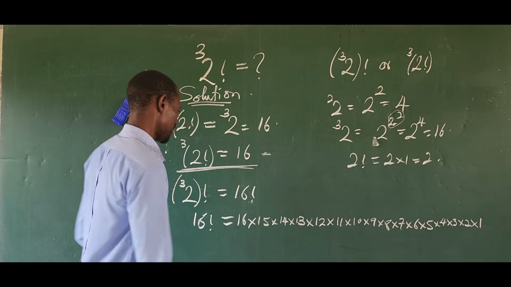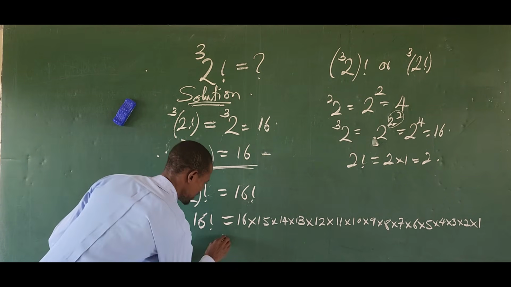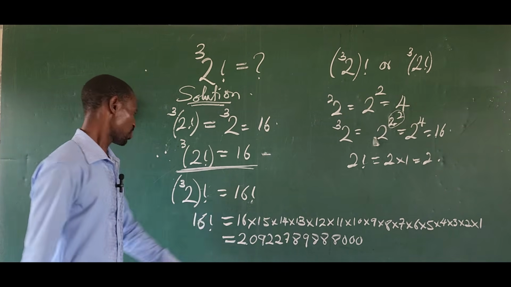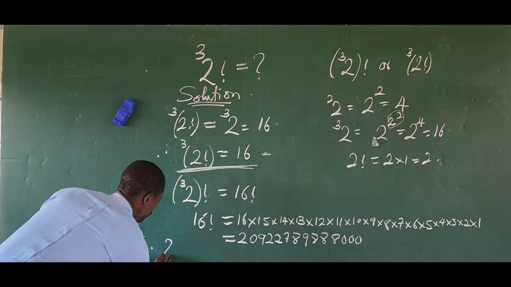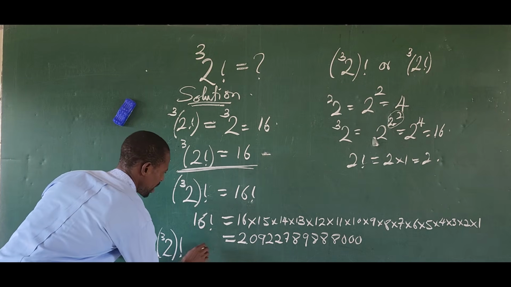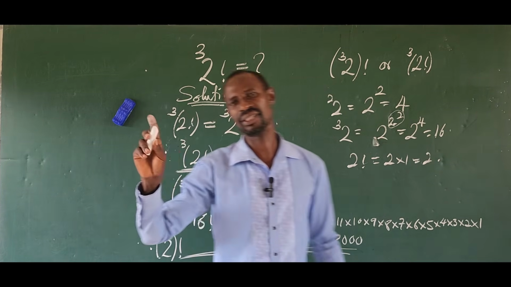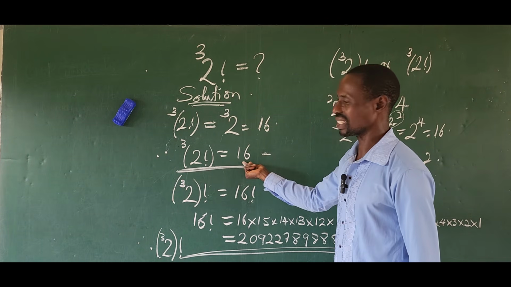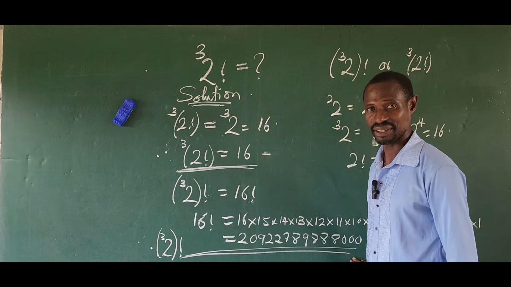If we multiply everything together here, this is what we have as 16 factorial. So in other words, we cannot write it here and say, therefore, 2 tetration 3 close bracket factorial is equal to what we have here. So we are having two answers: the first answer is 16, and the second answer is this large figure we have here.